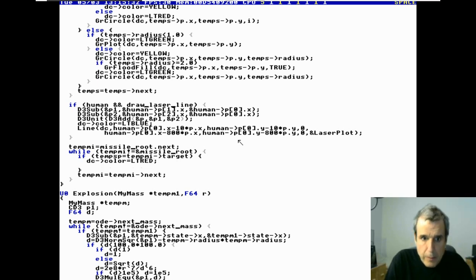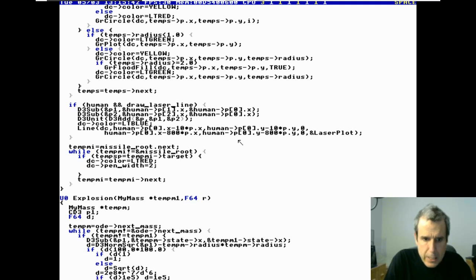Let's see. Color equals light red. DC. Pen width is 2. GR. Circle. DC. Maybe it's BP.